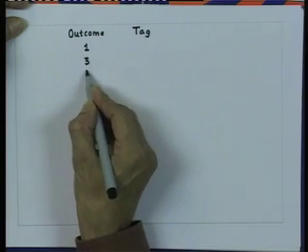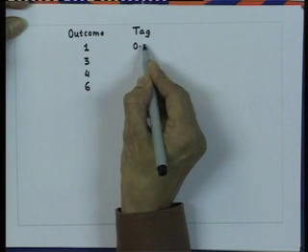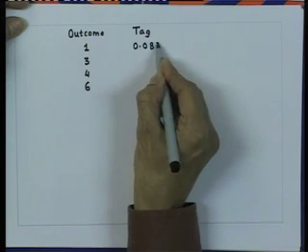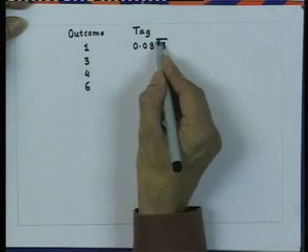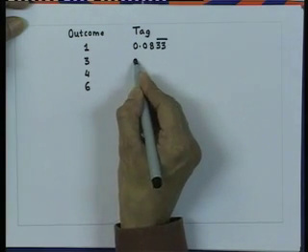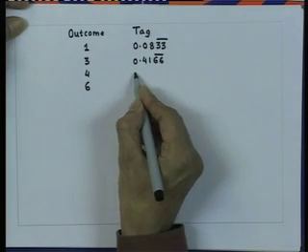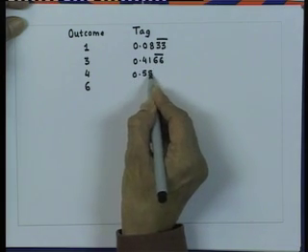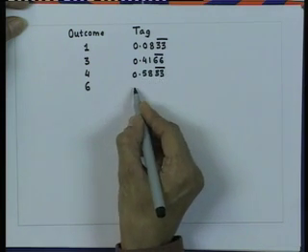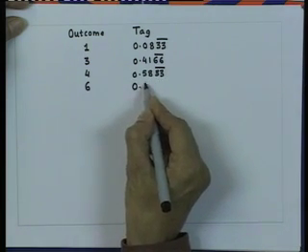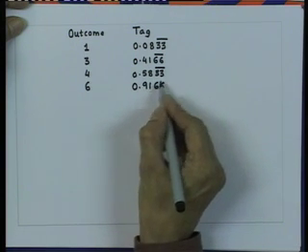For outcomes 1, 3, 4, 6, using that equation we can find out the tag values as given here. The bar indicates recurring digits, so 0.5833, and finally for the outcome 6 the tag value is 0.9166.